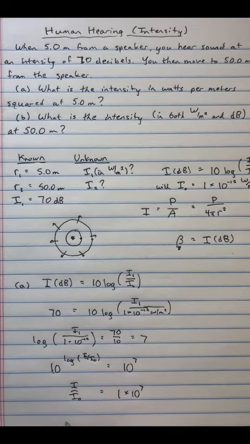Last trick, let's multiply both sides by I. This should be I1 and I naught over here. So 1 times 10 to the 7th power multiplied by I naught, 1 times 10 to the 7th, 1 times 10 to the negative 12, and I get 1 times 10 to the positive 5 watts per square meter, like that.